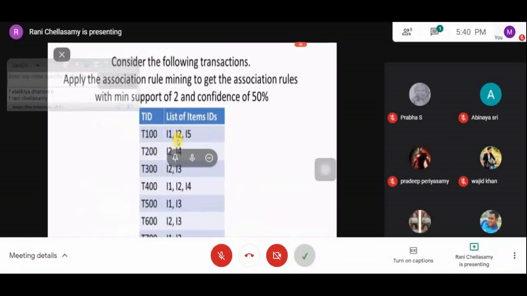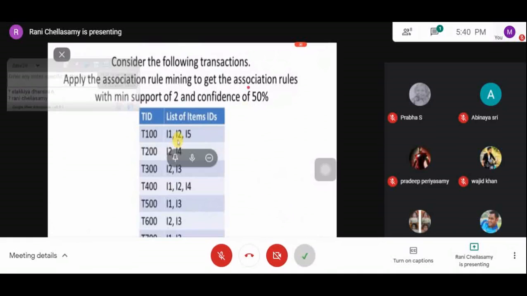Let us see this example, applying the Apriori algorithm to form the association rules. Apply association rule mining to get the association rules. In the problem, the minimum support threshold value is given as 2 and the minimum confidence threshold value is given as 50%.